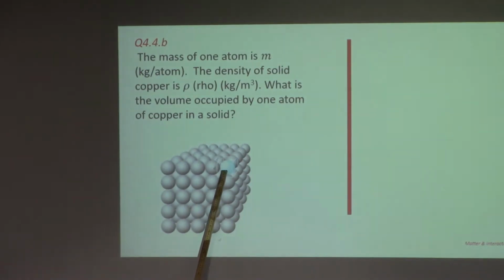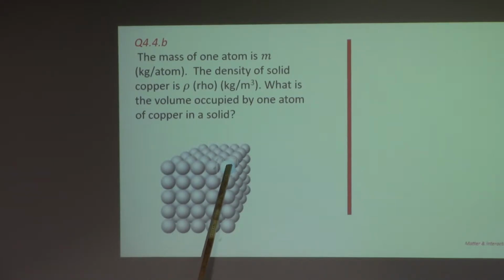Why? Well, imagine drawing a transparent cube around one of these spheres representing an atom, and the cube is small enough that the sides of the cube are touching the sides of the sphere, right? So the length of a side of the cube is the diameter of the atom in that case.